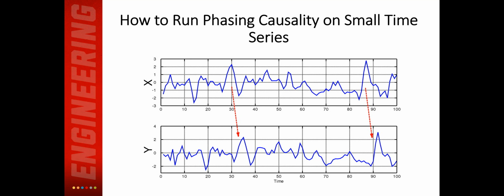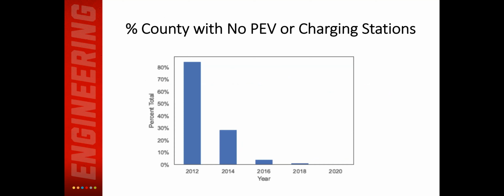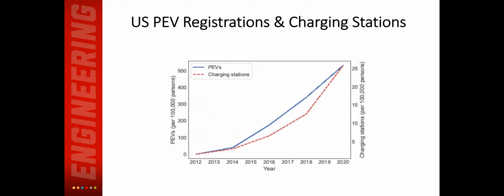And so the challenge we have here is that we only have 5 years of data. If you looked at this time series that I showed you for the United States, you see we have 5 data points. Phasing causality really relies on a fairly large data set to really perform the analysis.